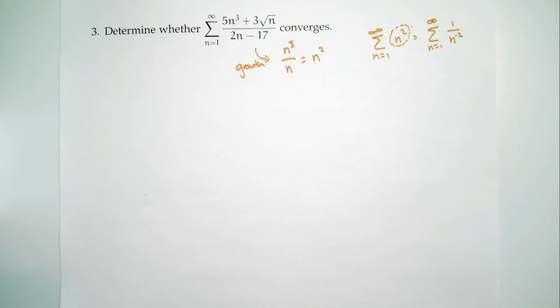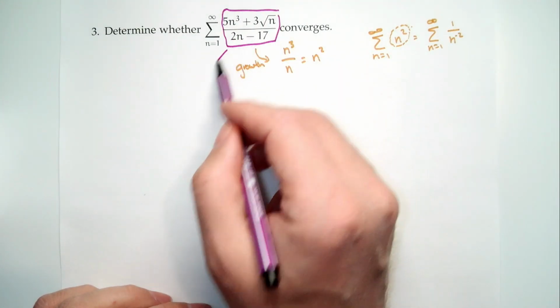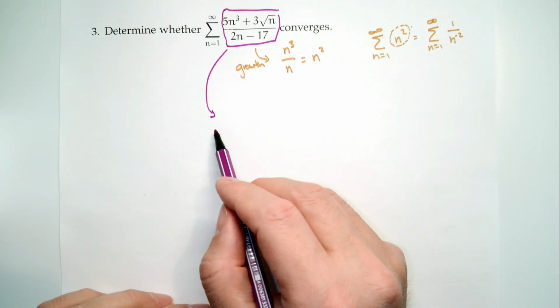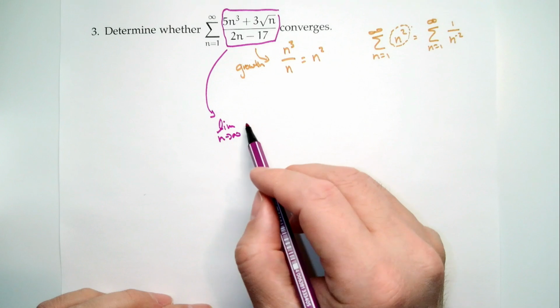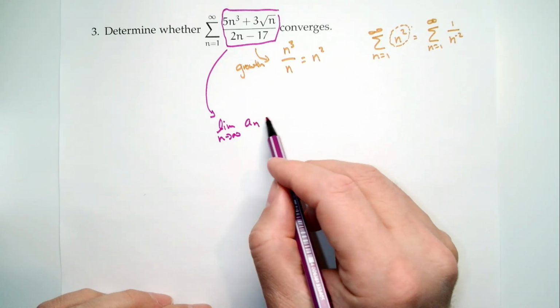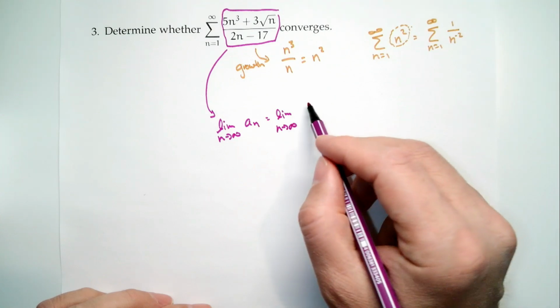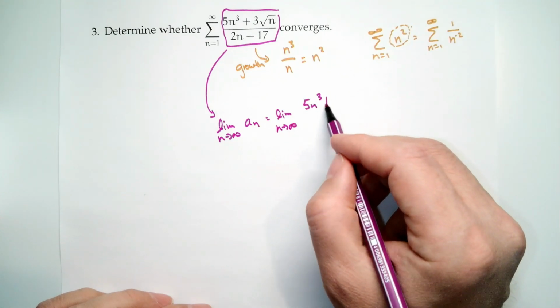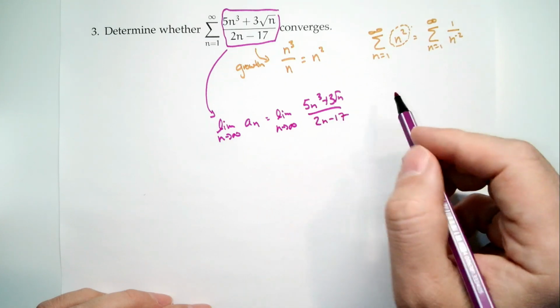In fact, we can use a little simpler test. We can say, hey, let's look at how the terms are growing. So let's look at the limit as n goes to infinity of our a sub n. So the limit as n goes to infinity of 5n cubed plus 3 root n over 2n minus 17.